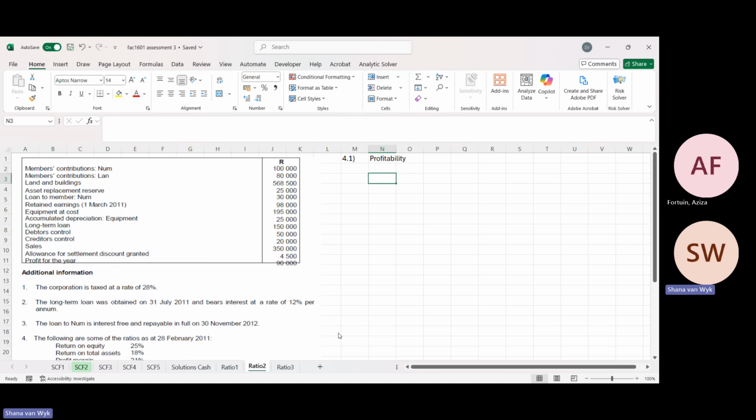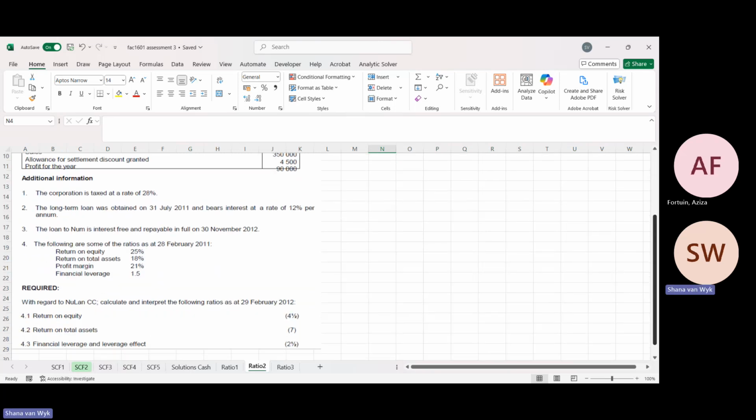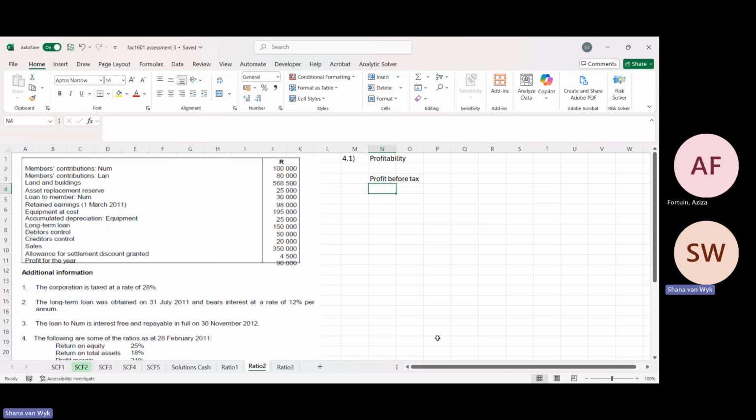Yes, I think you do get marks if you write out the formula. Okay, then I will write out the formula: profit before tax over total equity times 100.